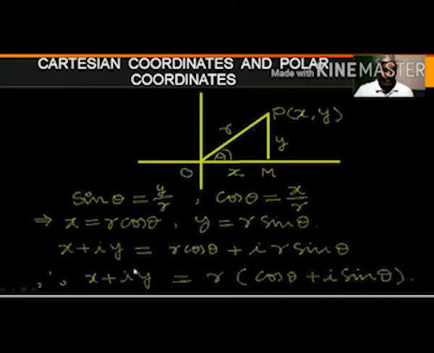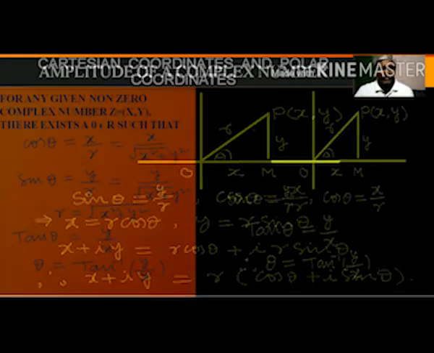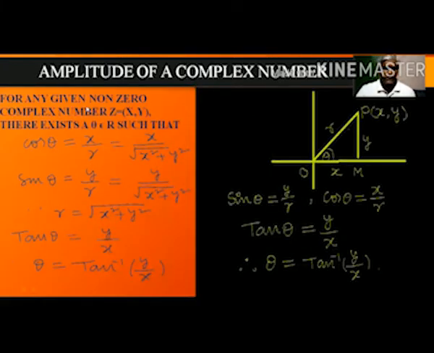So now any complex number x plus iy can be equated with r cos theta plus i sin theta, taking r common. So x plus iy is equal to r into cos theta plus i sin theta, which is the relation between Cartesian coordinates and polar coordinates.